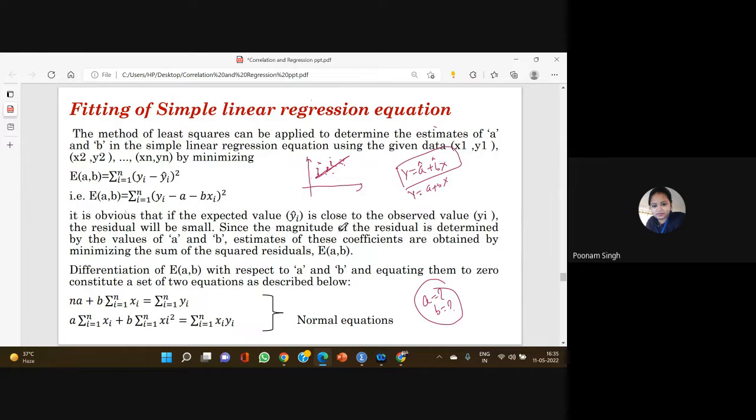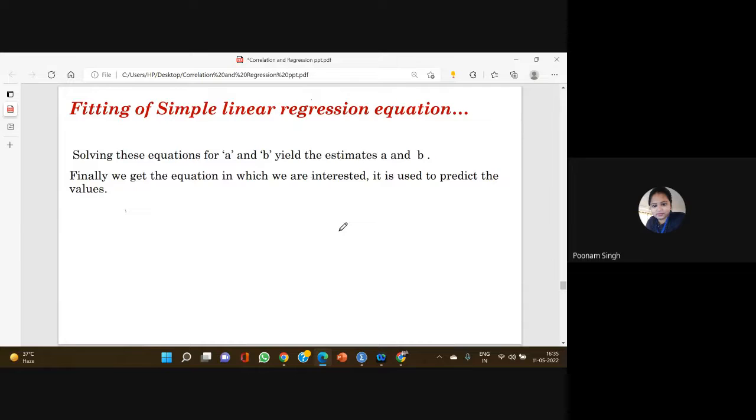Our fitted equation is used for the prediction purpose. As I told you, we will see one example also. That equation y equals A plus Bx is used for prediction if we know the value of x and want the value of y.